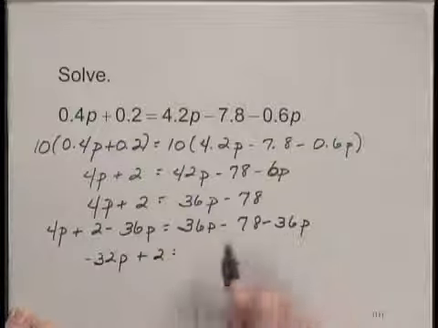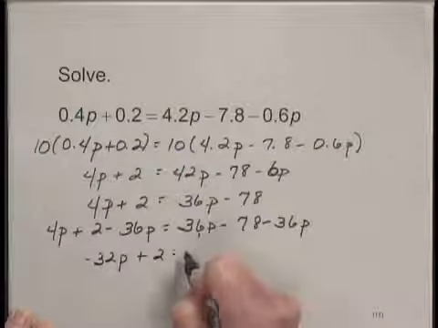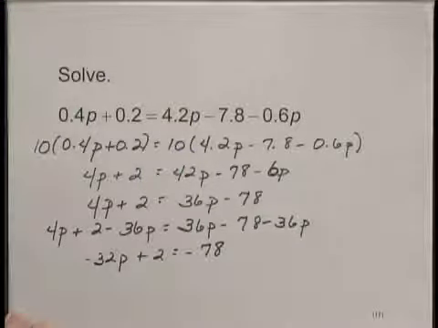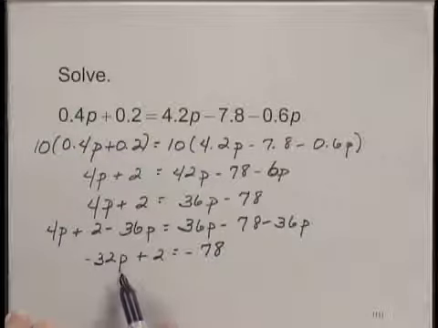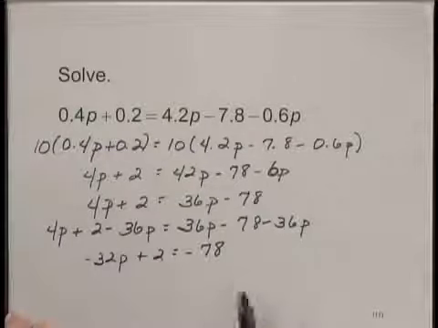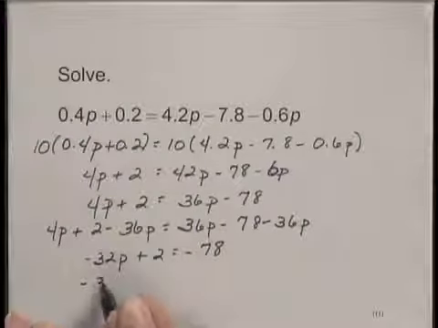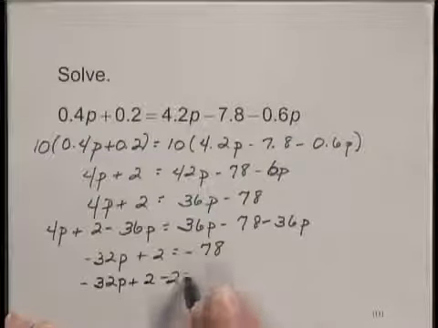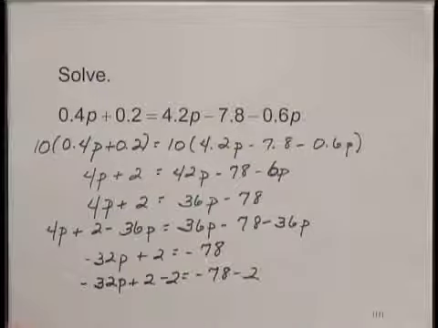And on the right-hand side, 36p minus 36p is 0, so I just have the opposite of 78, or negative 78, on the right-hand side of the equation. Now I'd like to get this p term alone on the left-hand side, and I can do that by subtracting 2 on both sides of the equation. So I can write negative 32p plus 2 minus 2 equals negative 78 minus 2.